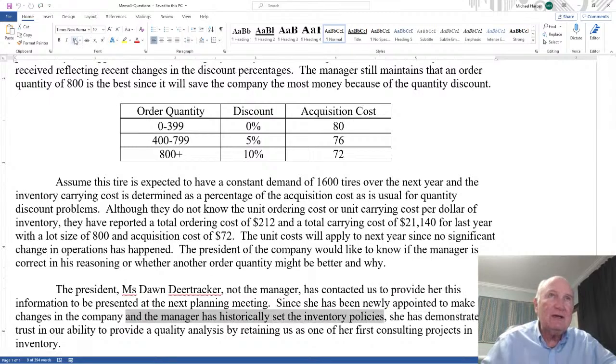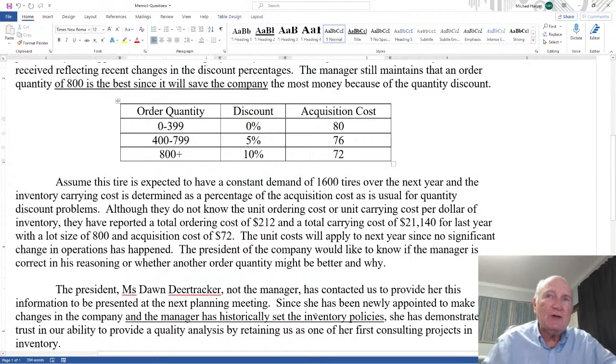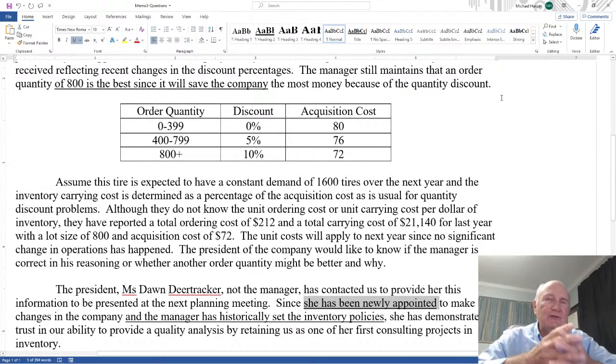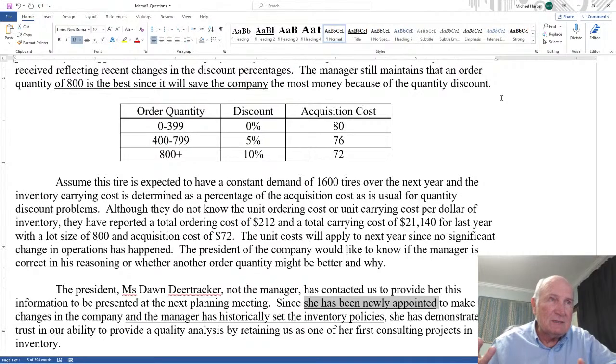So the inventory manager says 800 is the best since it will save the company money, and he has historically done this. She has been newly appointed. So the scenario here is the manager has always done this. She's newly appointed. She's the president, so she could overrule him. But she has gone outside to ask us to come in and answer some questions.